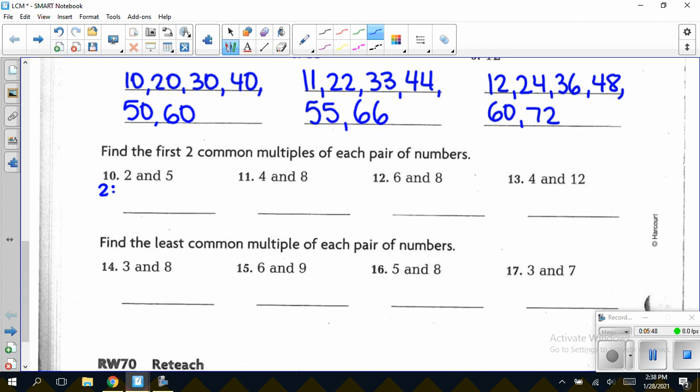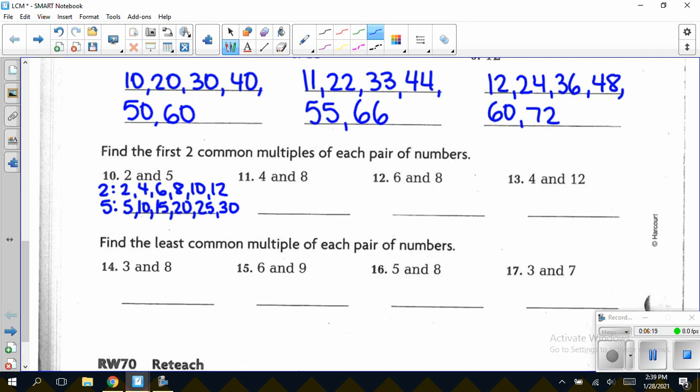So I'm going to list the multiples of 2 and 5, and then I'm just going to circle where they're first common. So counting by 2s, I have 2, 4, 6, 8, 10, 12. I'm just going to list the first 6, and if I have to continue on, I will. So counting by 5s, I have 5, 10, 15, 20, 25, 30.